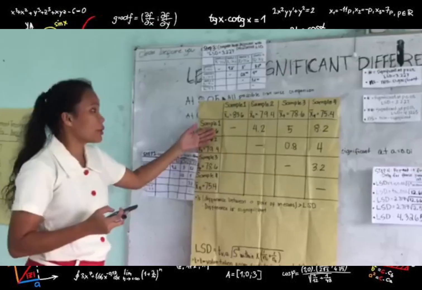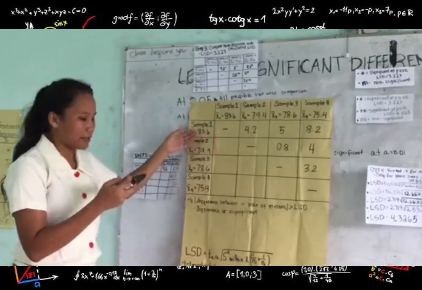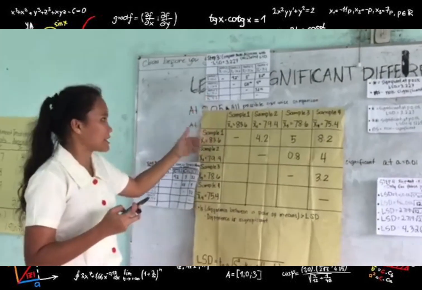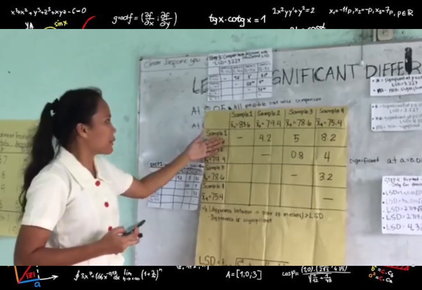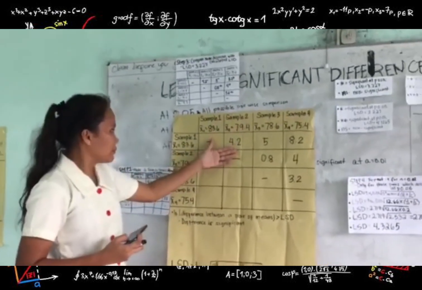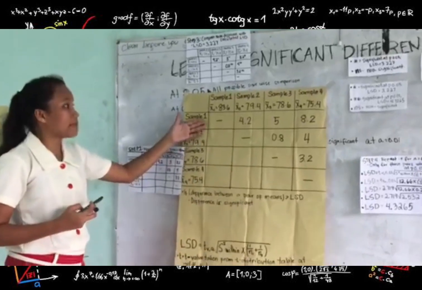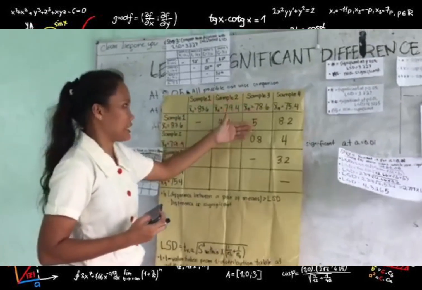So in step 3, we compare the mean differences at 0.05. The difference between sample 1 and sample 2 is 4.2. The difference between sample 1 and sample 3 is 5.